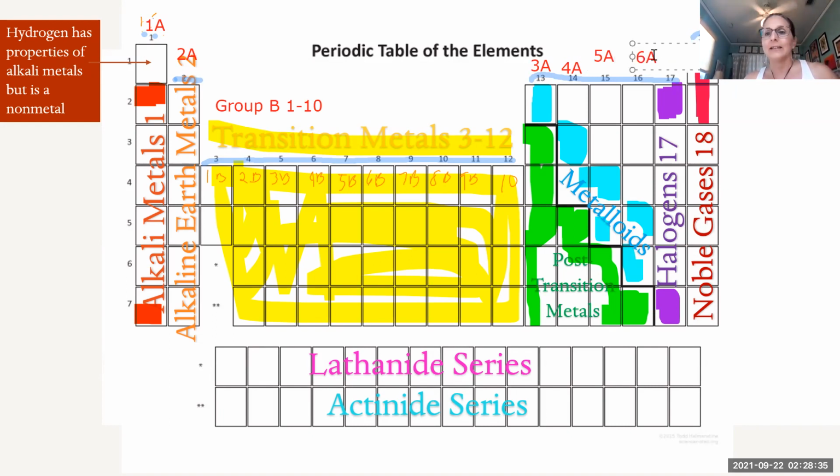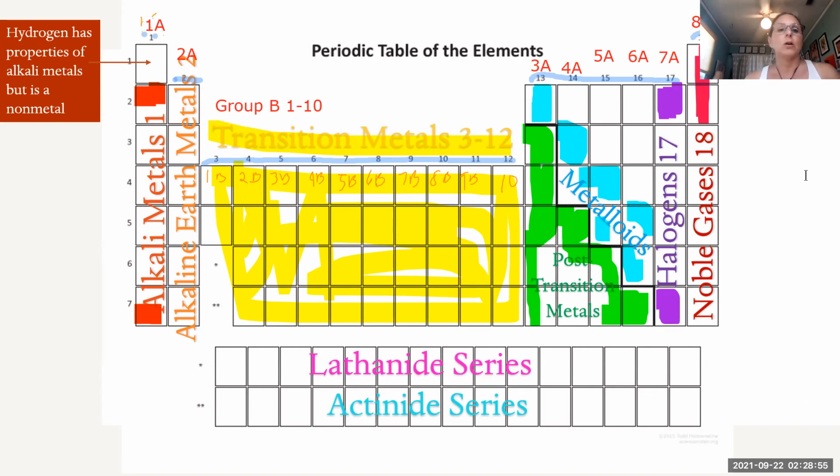Then 6A, move it over, 7A, and then 8A. Okay, so these are the two ways that we number the groups.